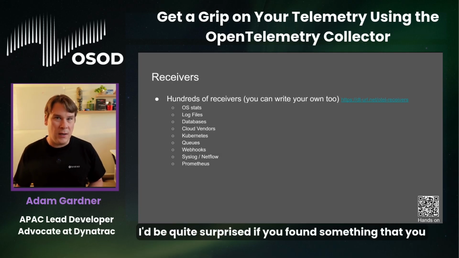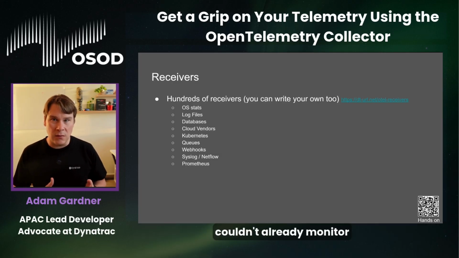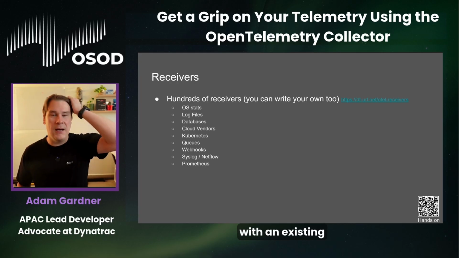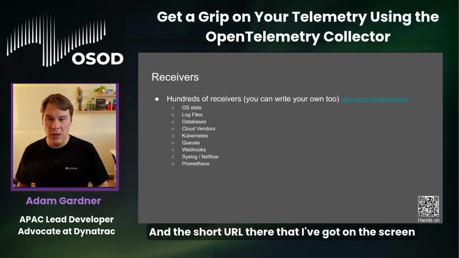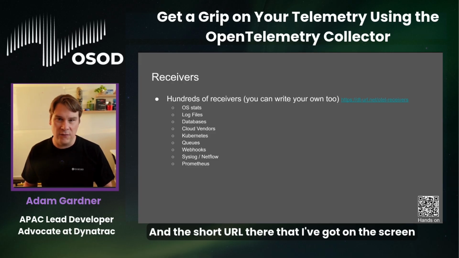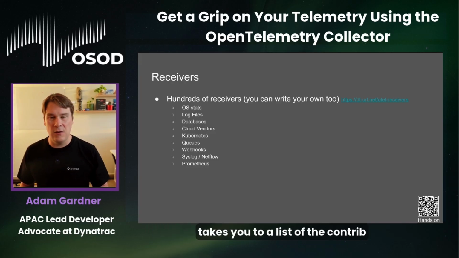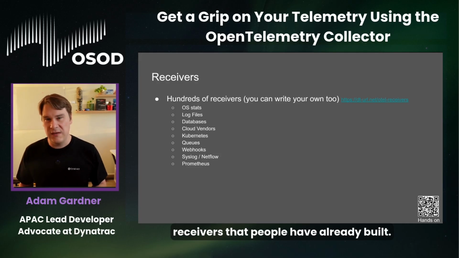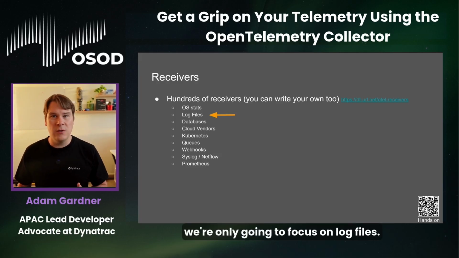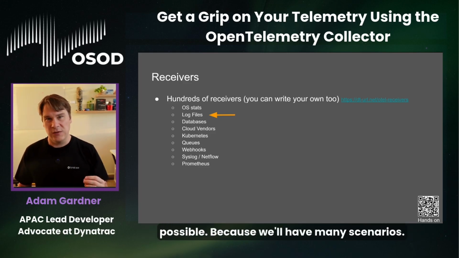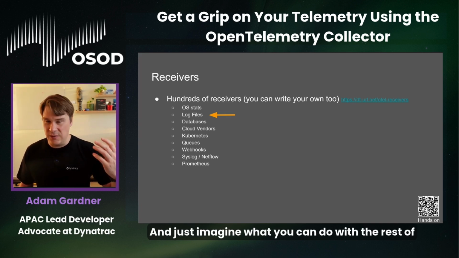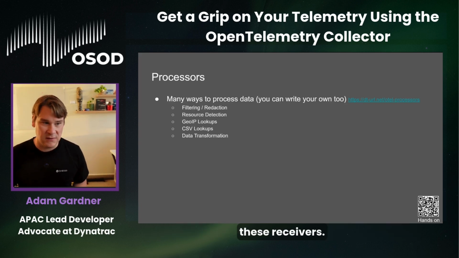So I'd be quite surprised if you found something that you couldn't already monitor with an existing receiver, but you can use your own. And the short URL there that I've got on the screen takes you to a list of the contrib receivers that people have already built. Today we're only going to focus on log files, and hopefully that will give you a glimpse of what is possible, because we'll have many scenarios and just imagine what you can do with the rest of these receivers.